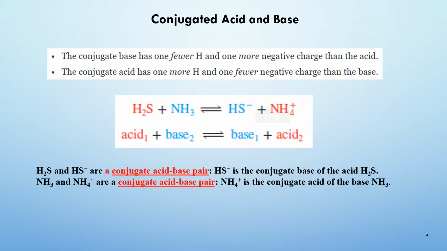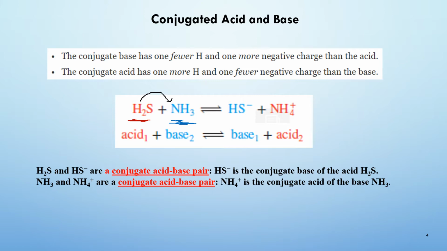In the Bronsted-Lowry system of acids and bases, we also have something called conjugate acid and base. It's very easy to understand. For example, if we have an acid-base reaction, in this case hydrogen sulfide is the acid and ammonia is the base. After they react with each other, the proton is transferred from the acid to the base, attached to the nitrogen in the ammonia.